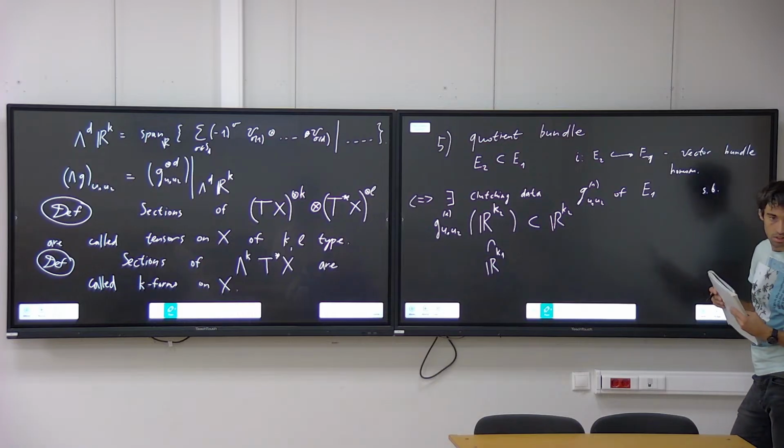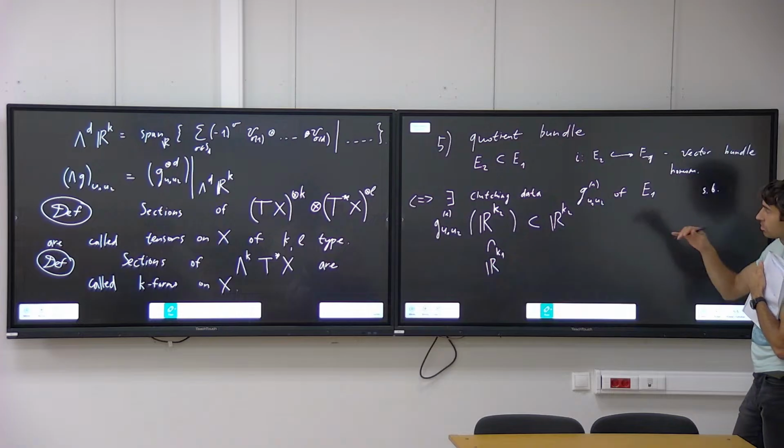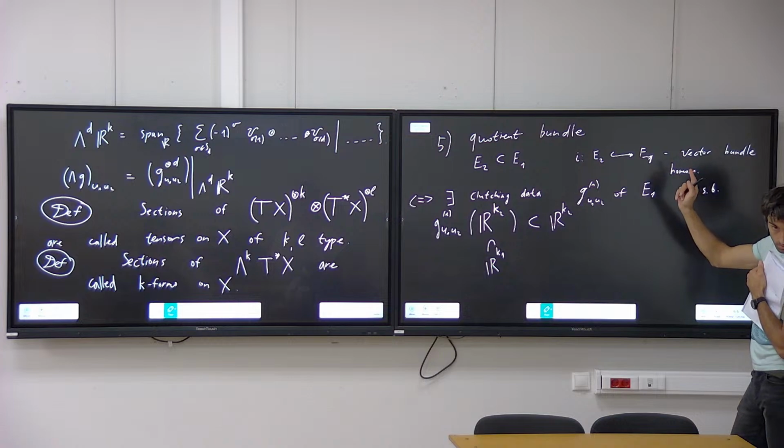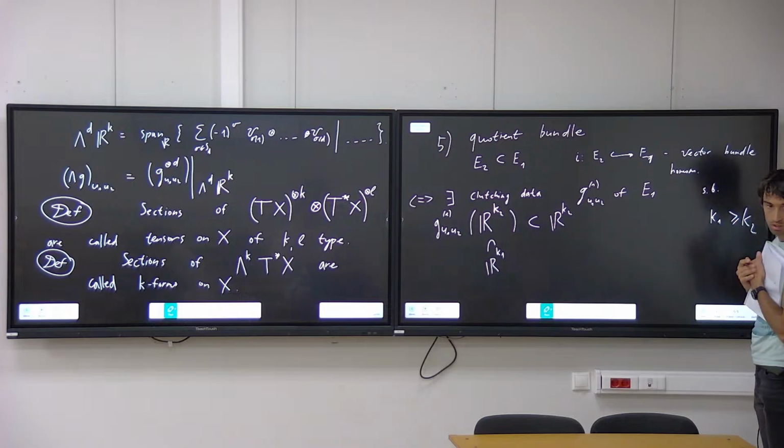See what is written here. The clutching data of E1 should be from GL K1, where K1 in our example is greater or equal than K2. Then I'm saying that I can find some clutching data.